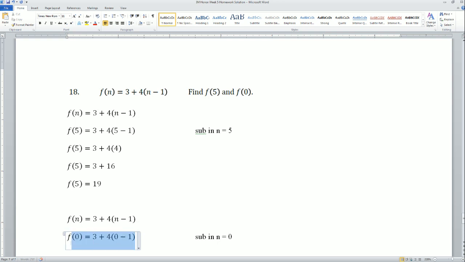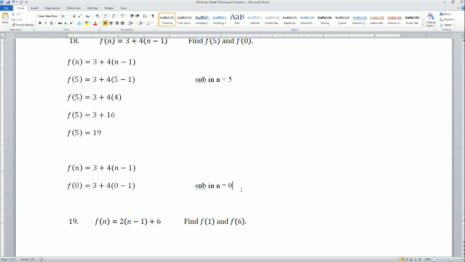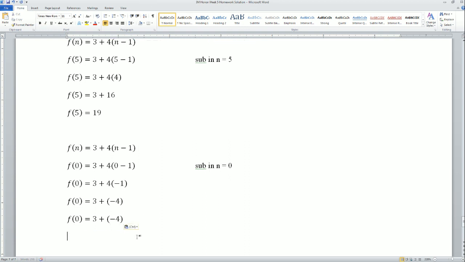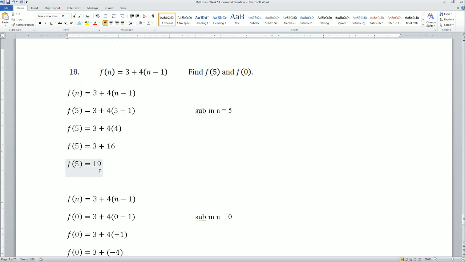Let's do some algebra. Zero minus 1 is just negative 1. What is 4 times negative 1? That's going to be equal to negative 4. Negative 4 plus 3 is negative 1. There you go.